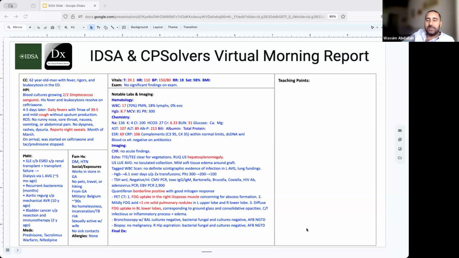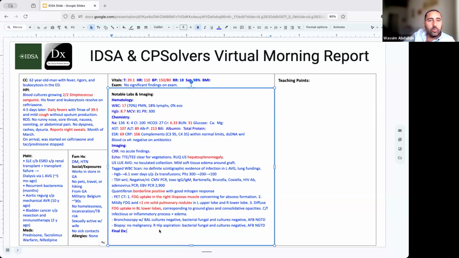So this patient's AFB blood culture was brewing for a couple of weeks, and the patient was continuing to have fevers, and all of the other cultures were still pending. And one day it comes back AFB blood culture positive, and it's an MTB complex.